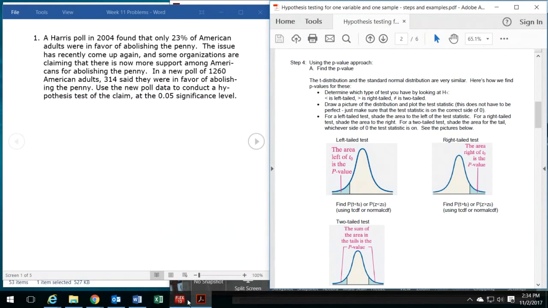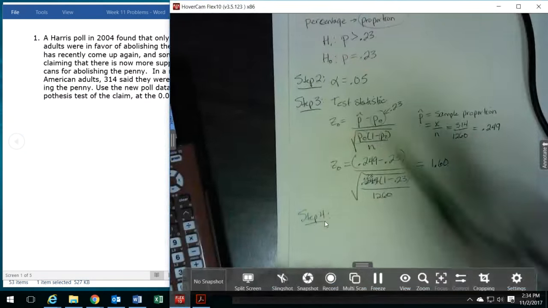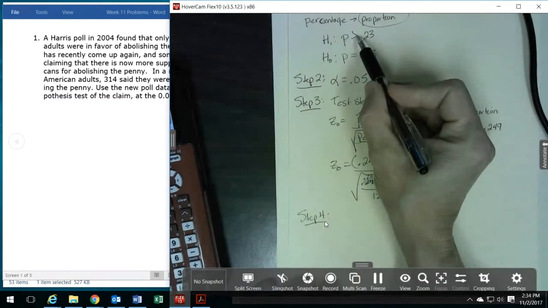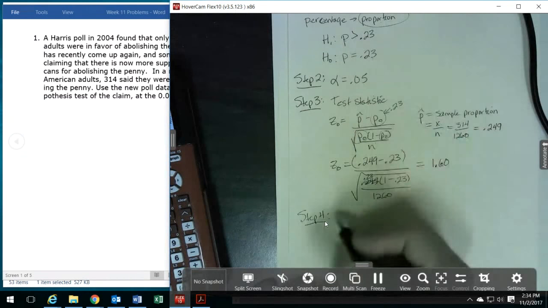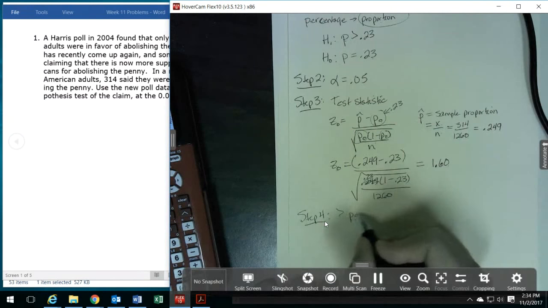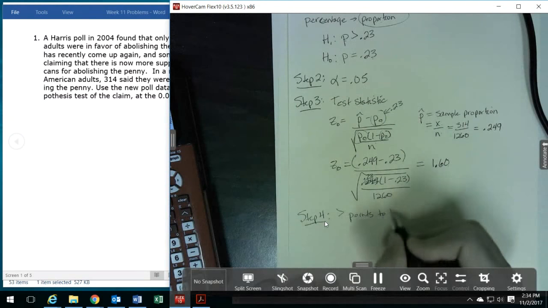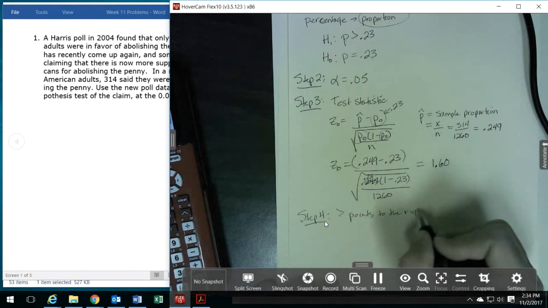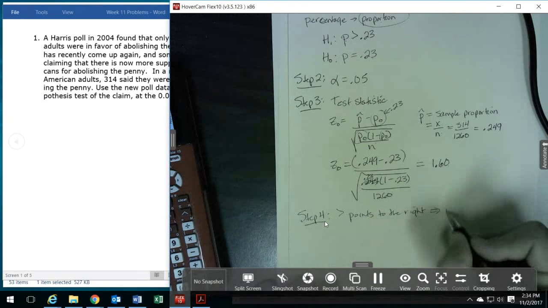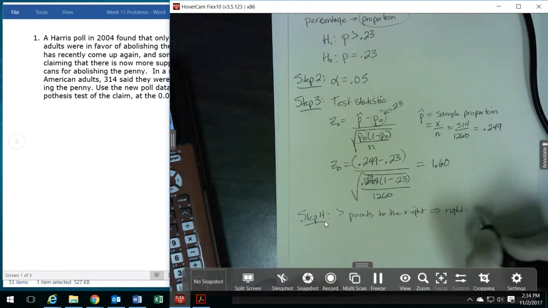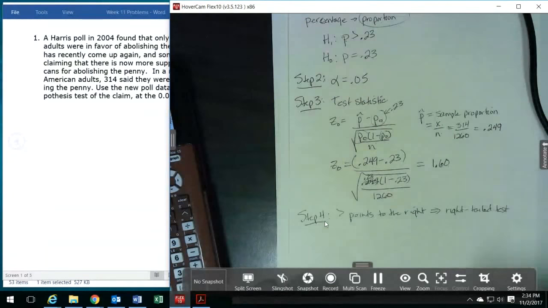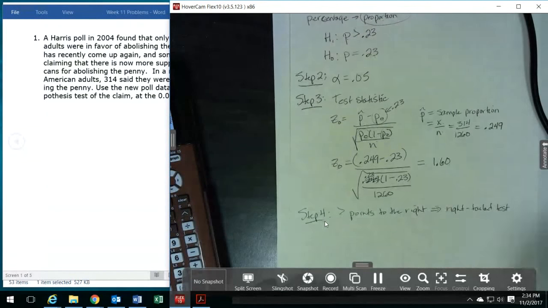And in this one, our alternative hypothesis had a greater than. Since this is pointing to the right, that means that we have a right-tailed test. So when we draw our picture, we're going to be shading to the right of our test statistic.